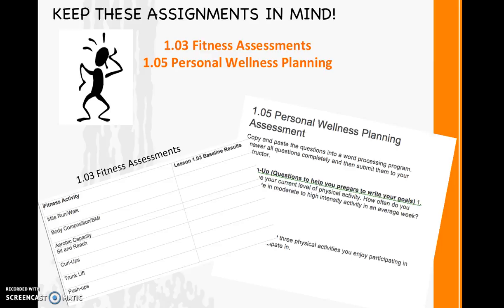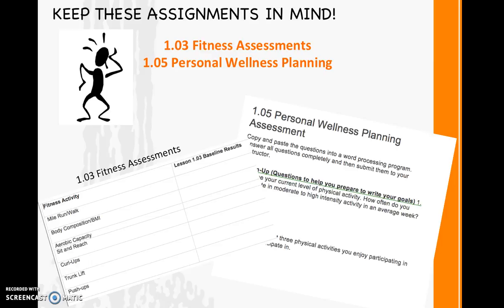For instance, we asked you to perform the mile walk run and give your time. Also to calculate your BMI and your aerobic capacity. In addition, we ask you to perform the sit and reach, the curl-ups, the trunk lift, and push-ups. Keep that assessment in mind because you will be recording that information in your wellness plan.